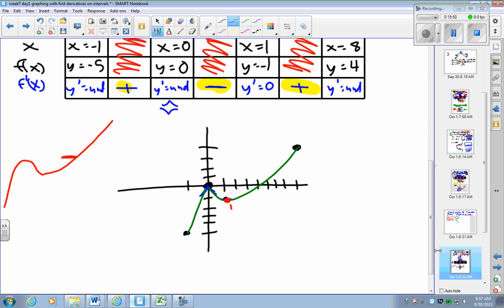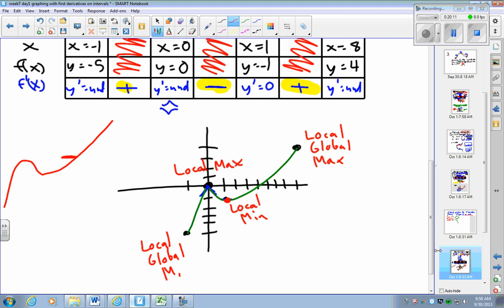Here, I'd call that a local min. This is the local and global max. This is a local max, even though the derivative's undefined. And this is your local and global minimum.